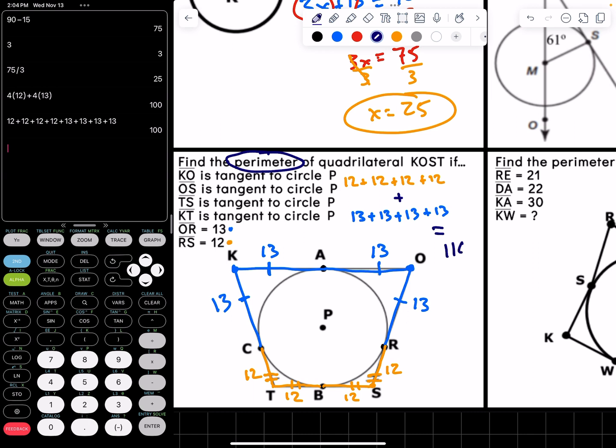Either way, our perimeter, not 110, is going to be 100.